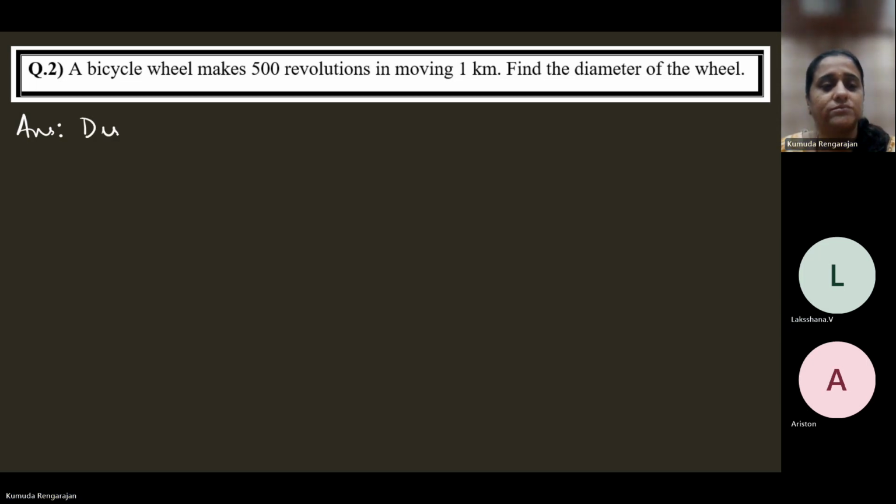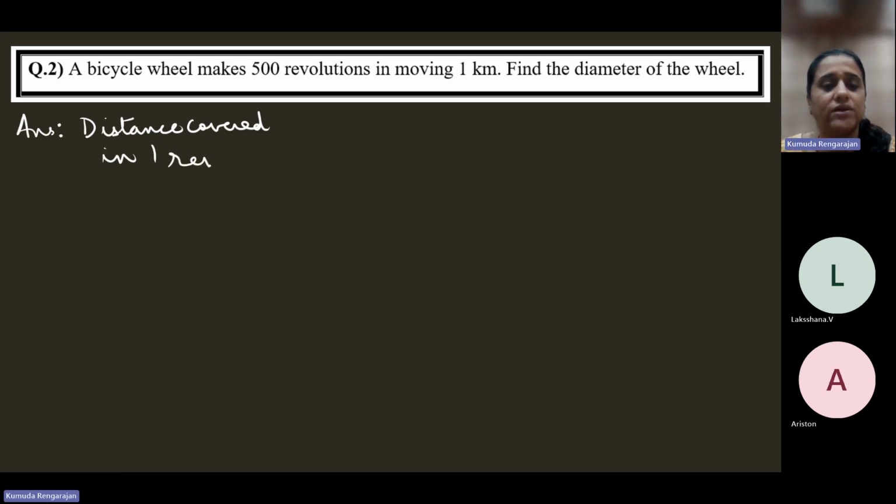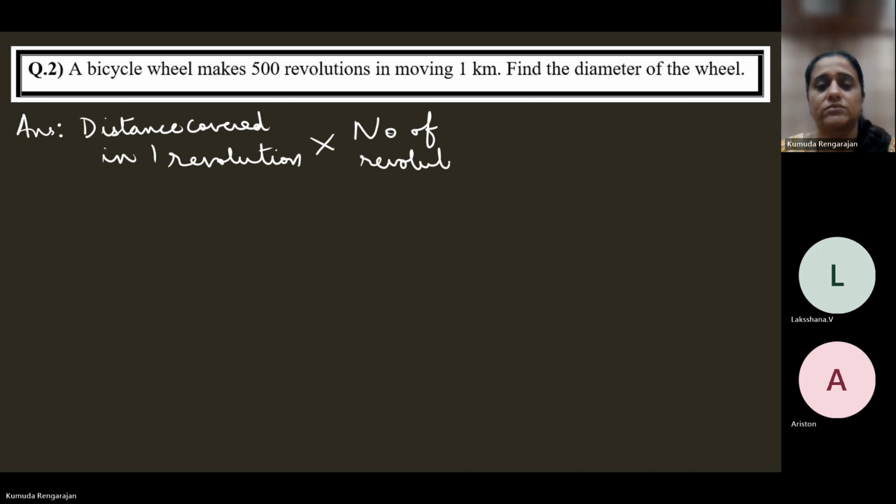Distance covered in one revolution into number of revolutions is equal to total distance covered.